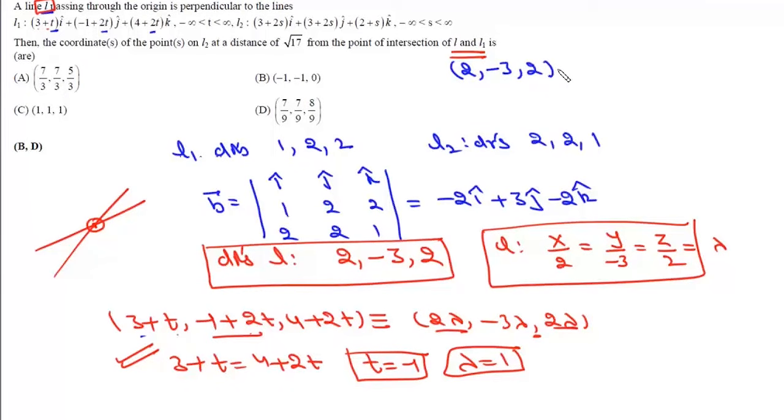Now we need to find coordinates of points on L2 which are at a distance of root 17 from this point. Now any point on L2, we can write it in terms of this parameter s. So let this point be P, and it is 3 plus 2s, 3 plus 2s and then 2 plus s, and let this point be Q. Now we are given that this PQ is under root 17.